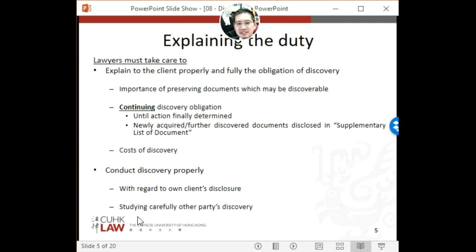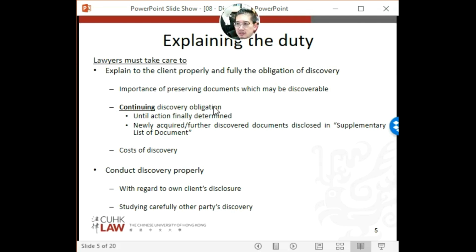So what must the lawyer do? Two main things are on the lawyer's part. You must explain the duty to the client. Most often, the client will not understand this, and of course, they have an interest in hiding documents that do not help their case. So lawyers must explain the duty, the importance of preserving documents which may be discoverable, and an important one is the continuing discovery obligation.